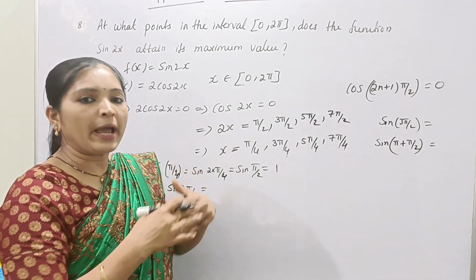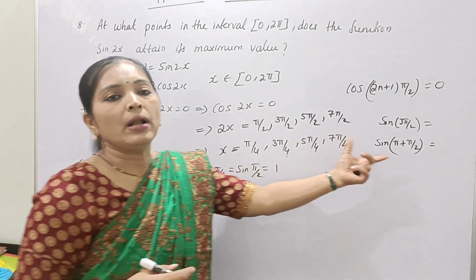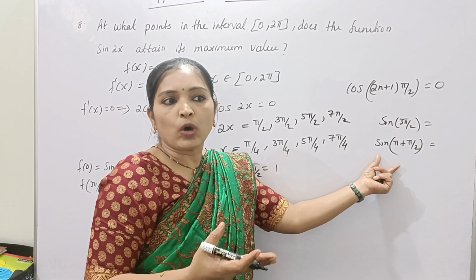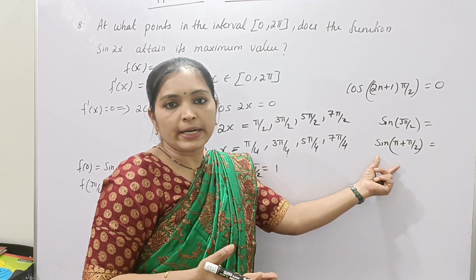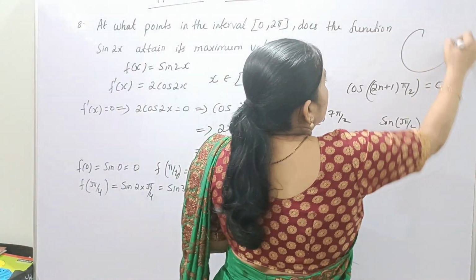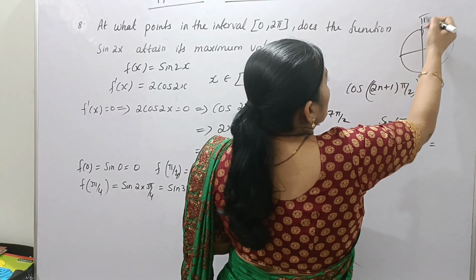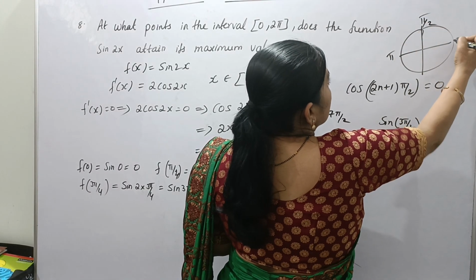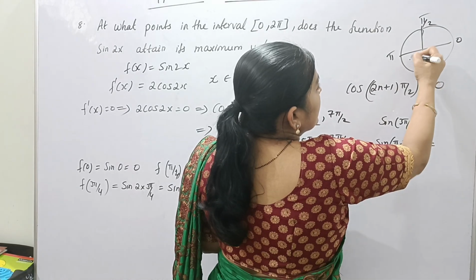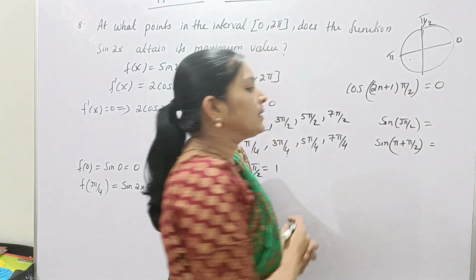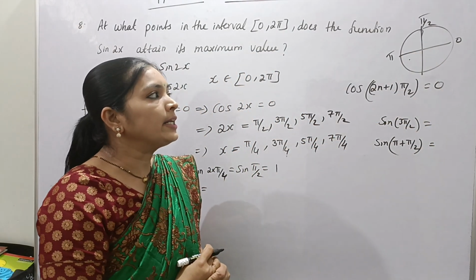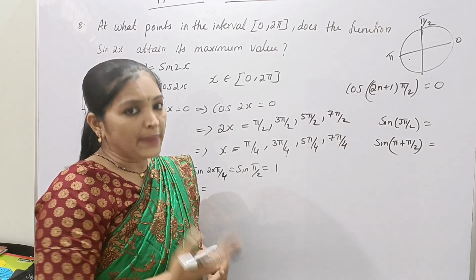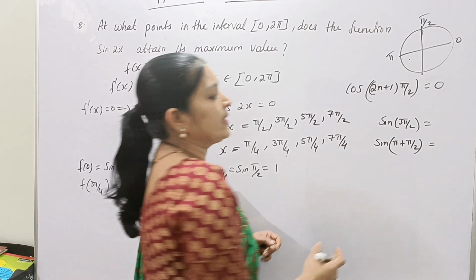Pi plus lies in the third quadrant. Here it is pi by 2, pi, 0. So pi plus means third quadrant, and in the third quadrant sign is minus.